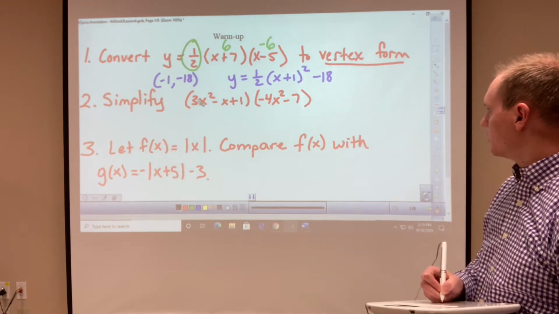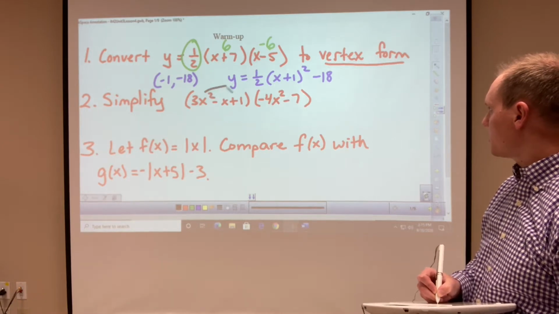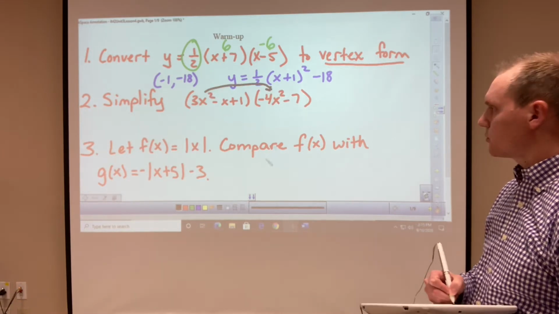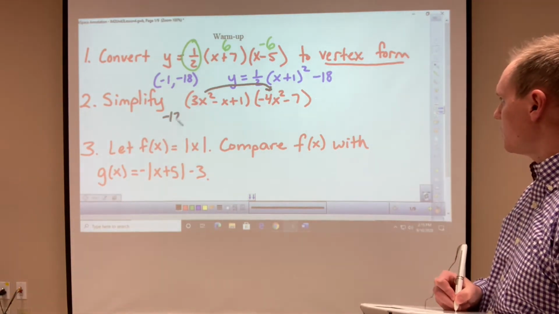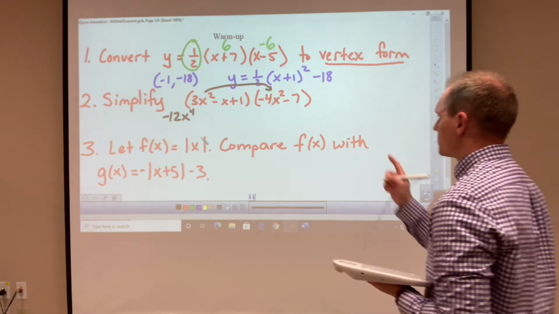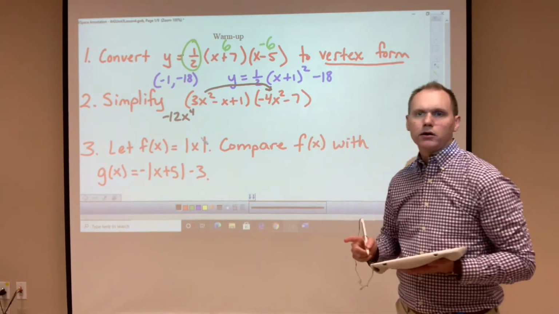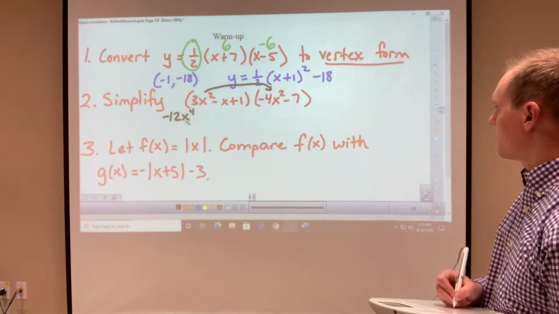We've talked about multiplying polynomials before, in this case 2 quadratics. We're going to start by multiplying the 3x squared by everything in that second parentheses here. So we're going to have -12x to the 4th. All right, x squared times x squared, that means you have 4 x's being multiplied, so it'd be x to the 4th.